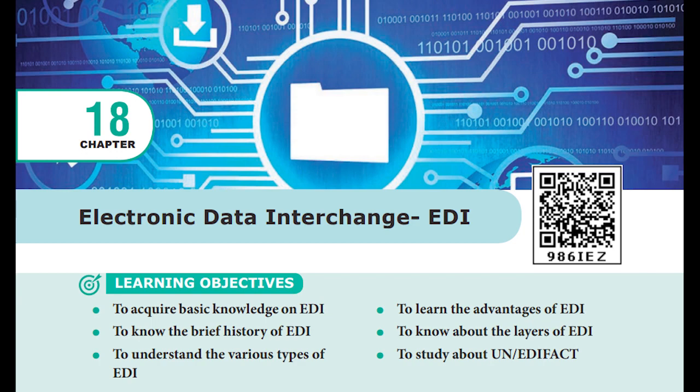Standard means it will have specific segments, right? From lowest till highest level, this UN EDIFACT message structure they have given you in your book. That means from lowest, first the simple data elements will be there. That means a piece of single data will be there. It will be grouped into related simple elements. That is a composite element. Right?